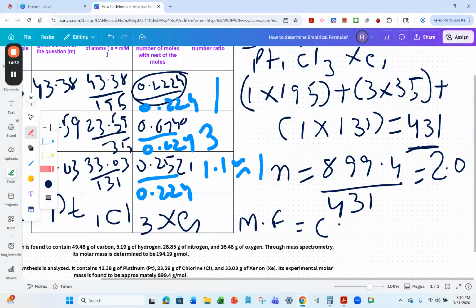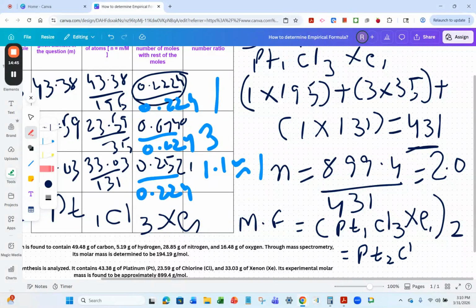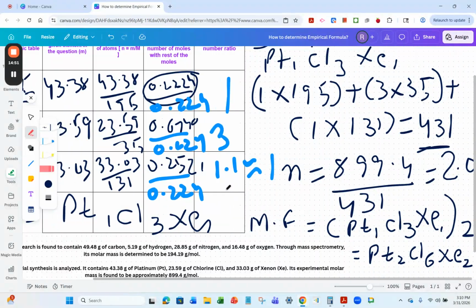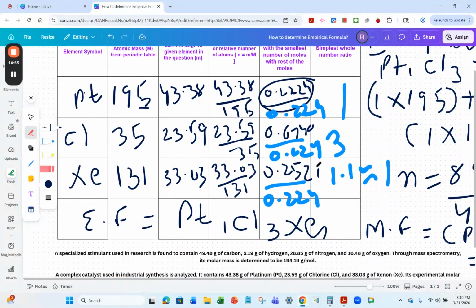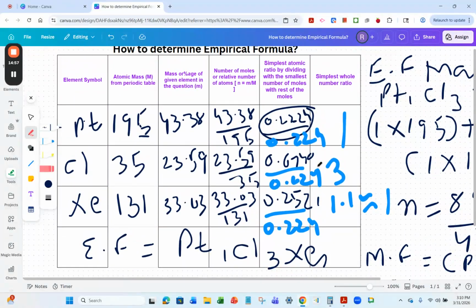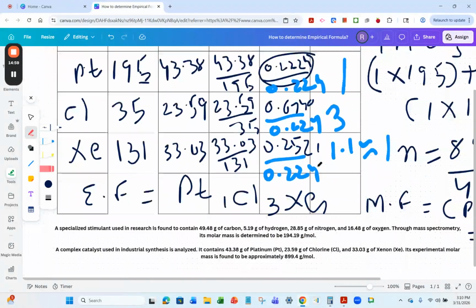The empirical formula is platinum 1, chlorine 3, xenon 1, and n is 2, which will become platinum 2, Cl6, xenon 2. There we go. This is how we do the calculations to find the empirical formula and then eventually the molecular formula.